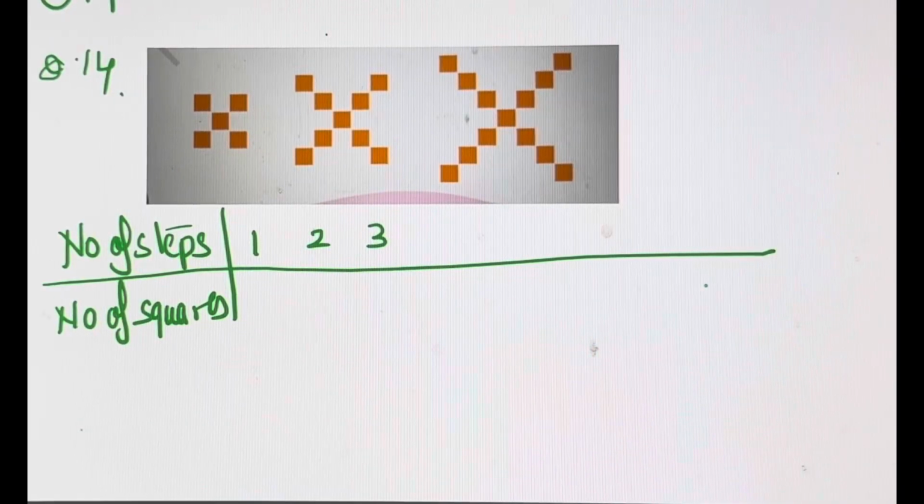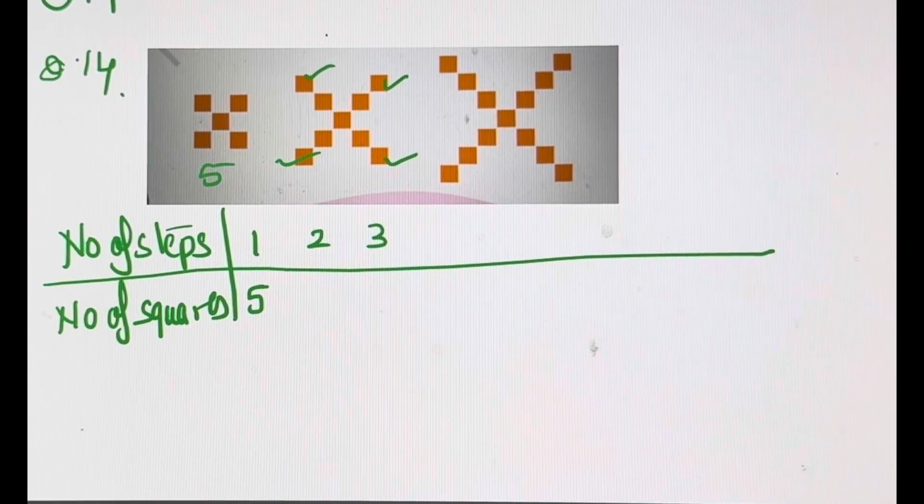So let us count the number of squares at each step. So step I have written already. Number of steps means first step there are 1, 2, 3, 4, 5 squares. Okay, we write down 5. Second step, you can see 5 in the center as the first position, and 1, 2, 3, 4 are added. So here there are 5. Here 5 plus 4. That means 9 squares are there.